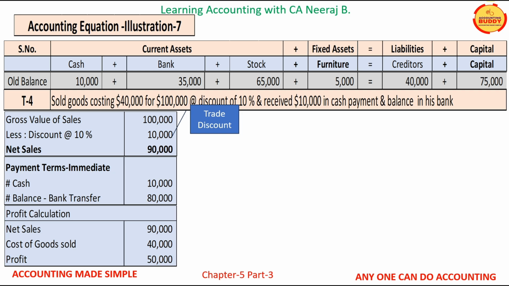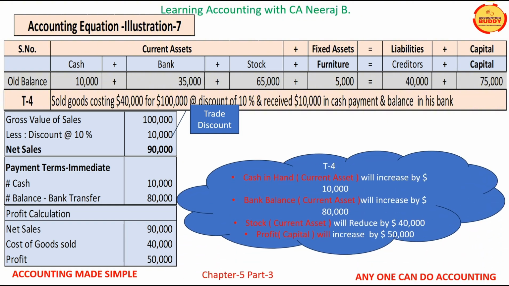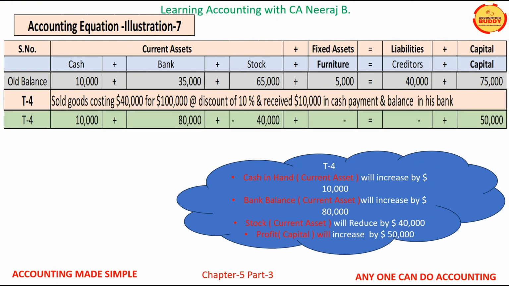Now we have all the information and the numbers required for the accounting equation formation. If we analyze the transaction, four accounts will be affected: cash, bank, stock, and capital. Cash, bank, and stock all are assets.